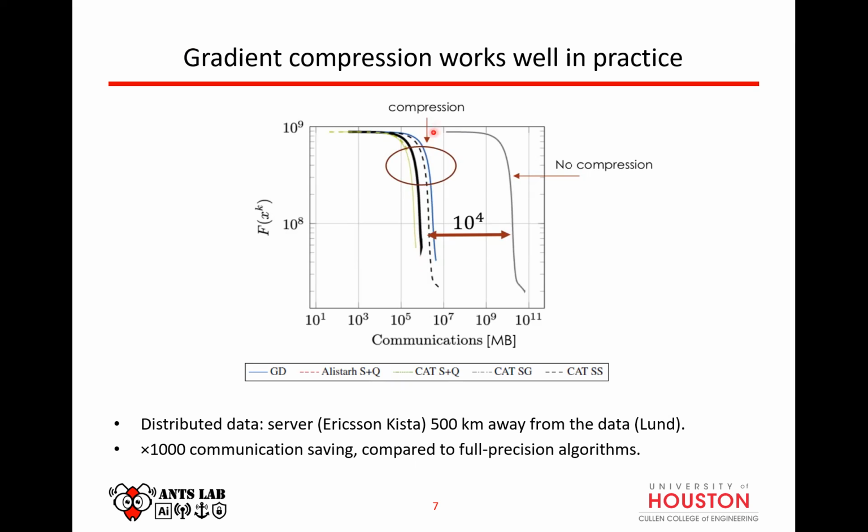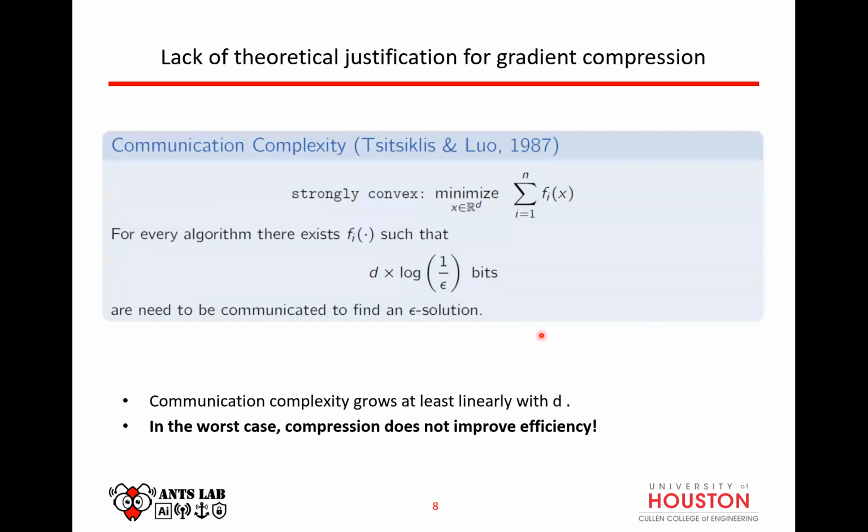Comparing a non-compressed version versus any compressed version, the minimum difference in communication would be more than 1,000 times of communication saving compared with the full precision algorithms. This particular experiment was from their experiment setting, where they have distributed data with a server and one single node located far away from each other, and this kind of experiment was performed to obtain this data.